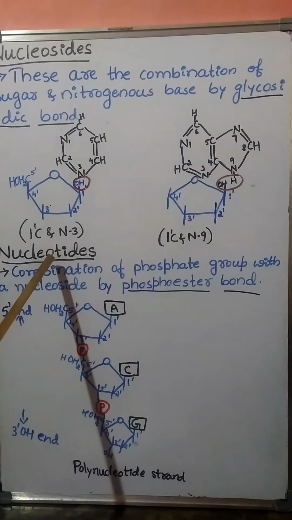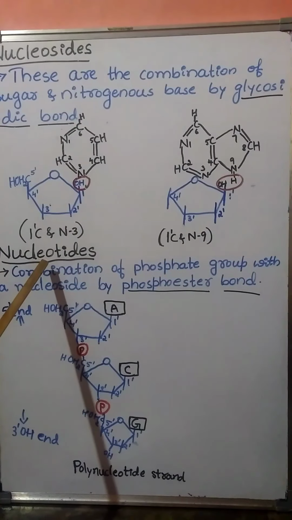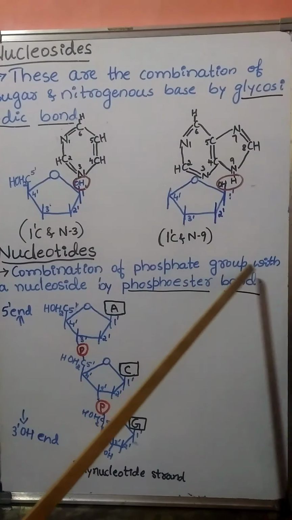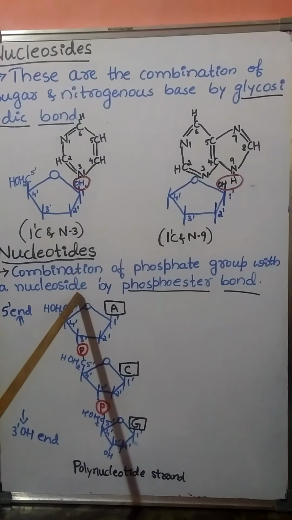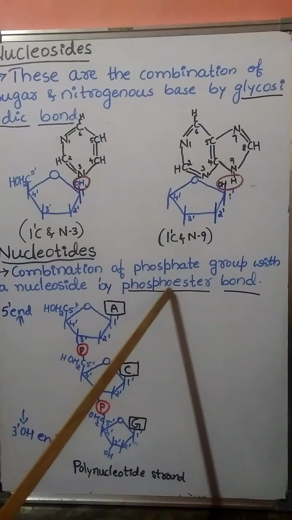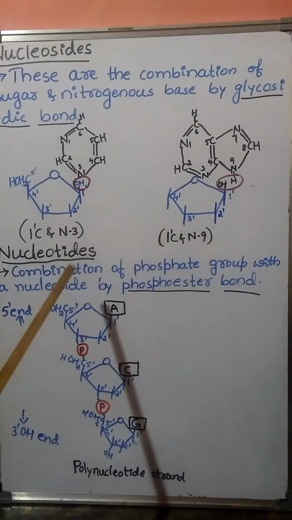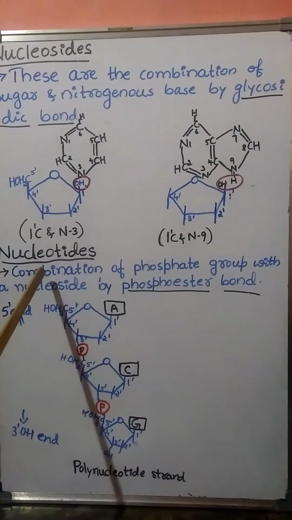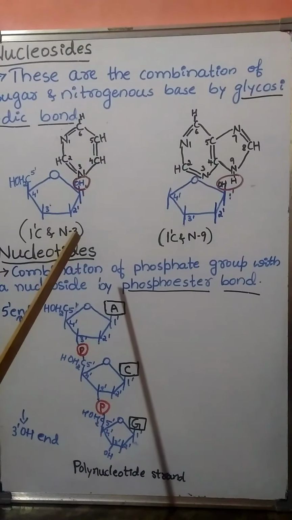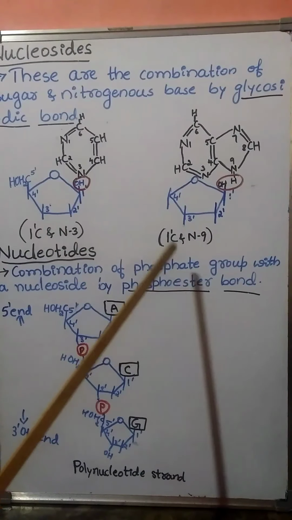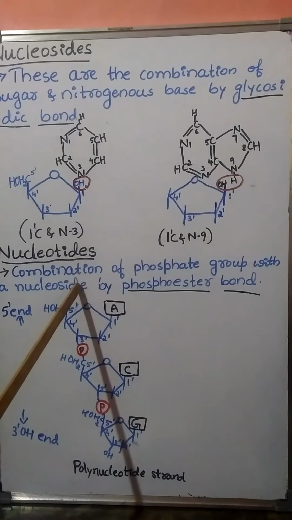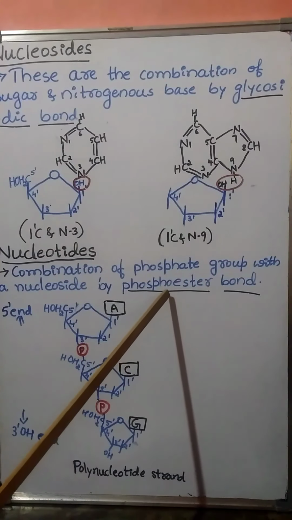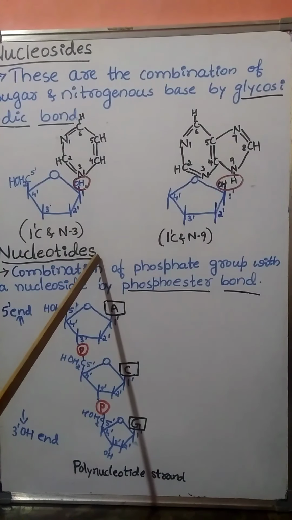Next one is nucleotides. Combination of a phosphate group with a nucleoside by forming a phosphoester bond is called a nucleotide.